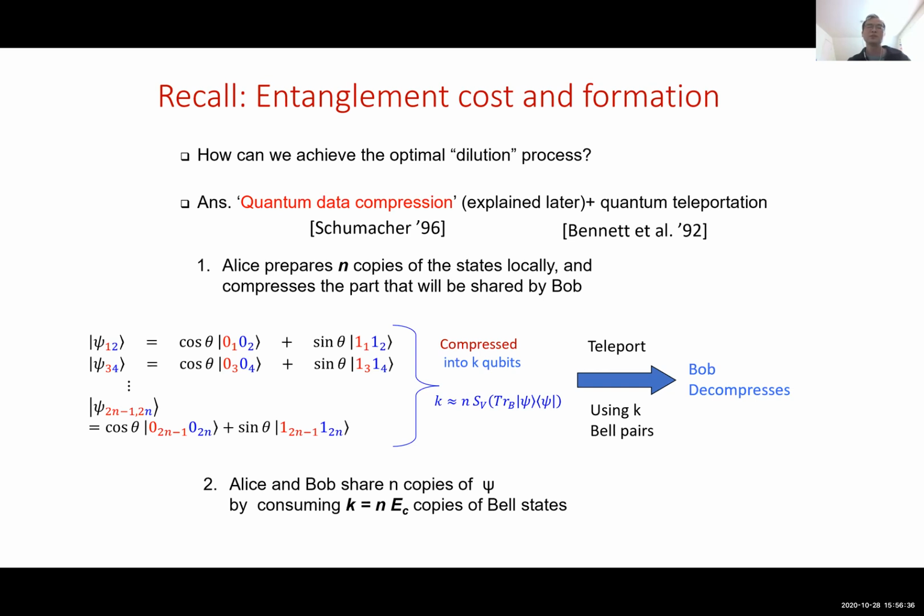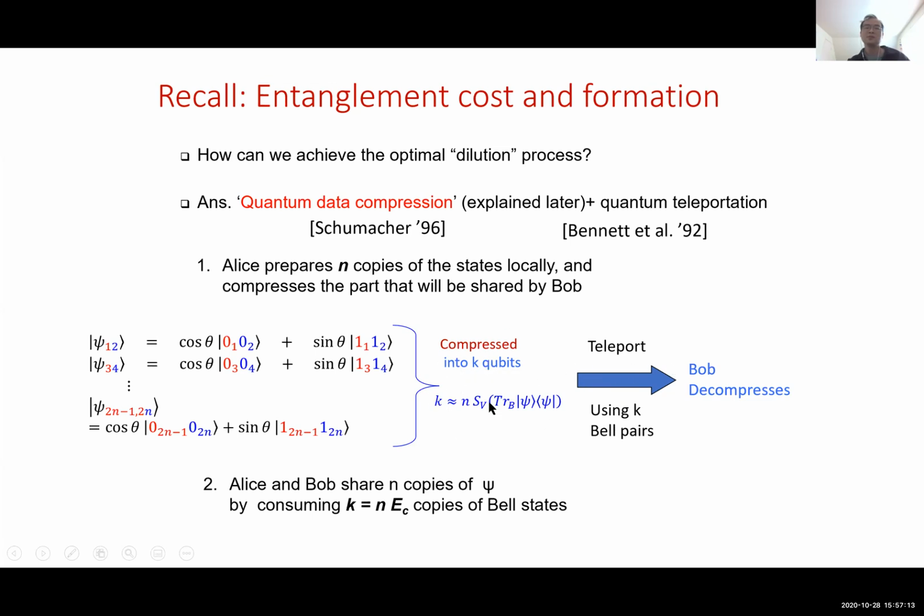dilution process. So the way to do that is you sort of prepare that locally. You prepare n pair of lower entangled states, and what you do is you compress the blue qubit into a smaller one, and that smaller one is k. It's actually n times the entanglement entropy. And so what you do is you compress the blue one and you use k copies of Bell state.